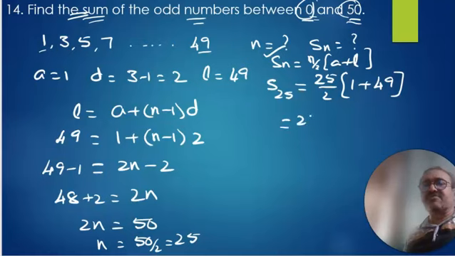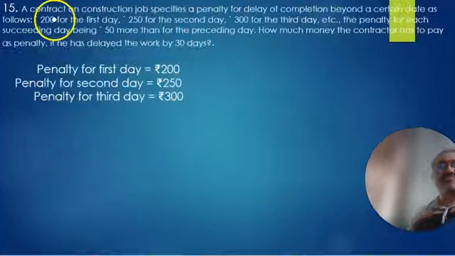So that is equal to 25 by 2 into 49 plus 1, 50. 2 1s are 2, 25 అంటే 625.